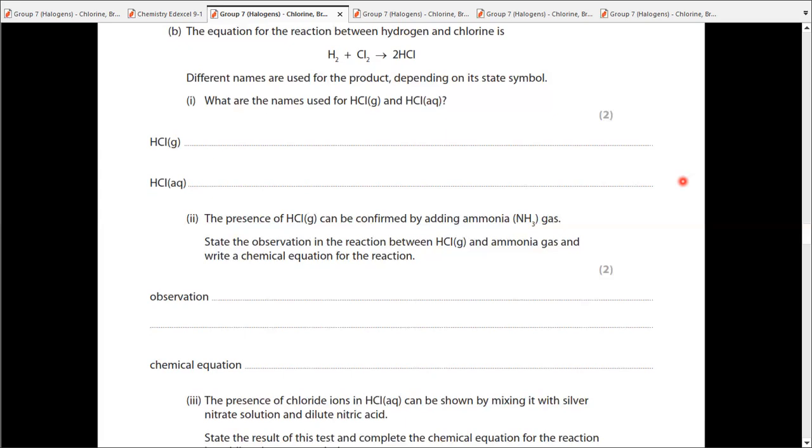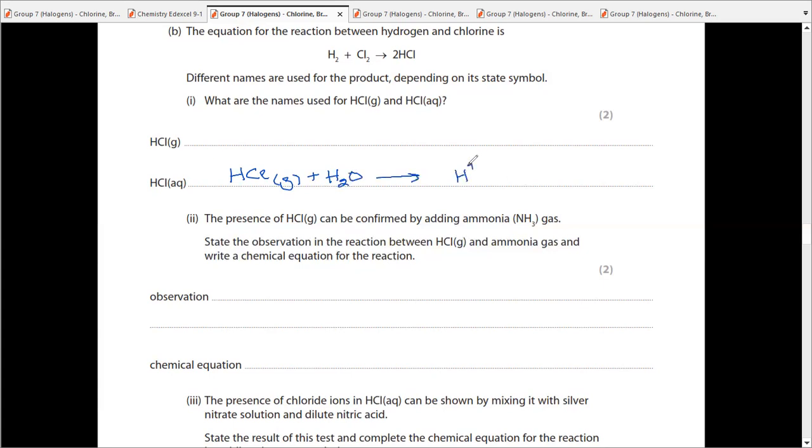Sir, can you repeat the aqueous part again? When we dissolve the HCl gas, hydrogen chloride gas, in water, it becomes hydrochloric acid. And as we have studied in the chapter of acids and bases, though this is not from this chapter, when we add HCl gas to water, it reacts with water and produces ions.